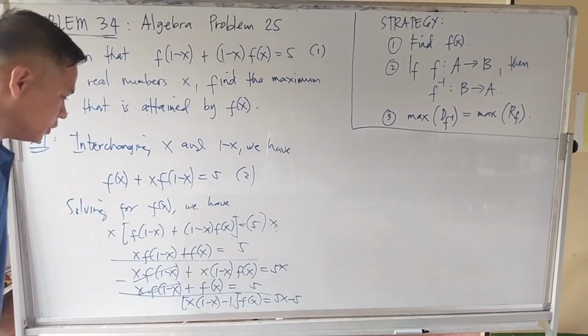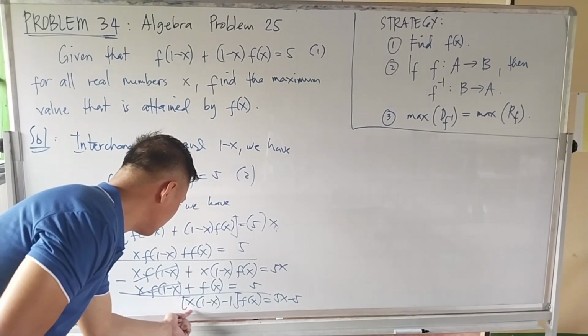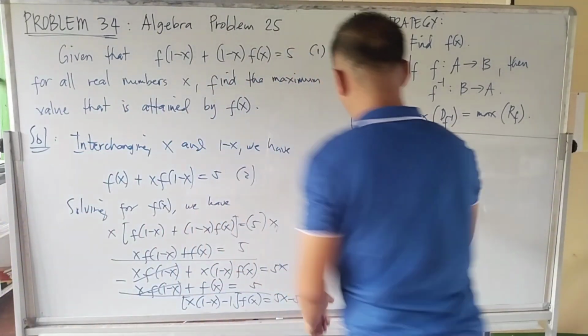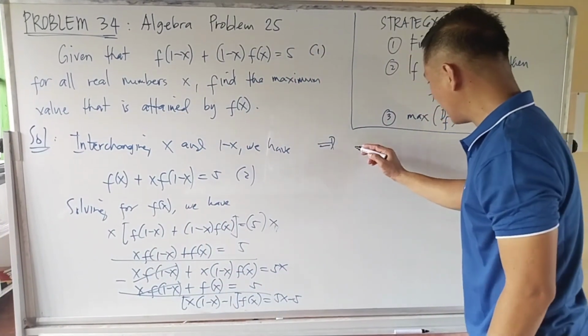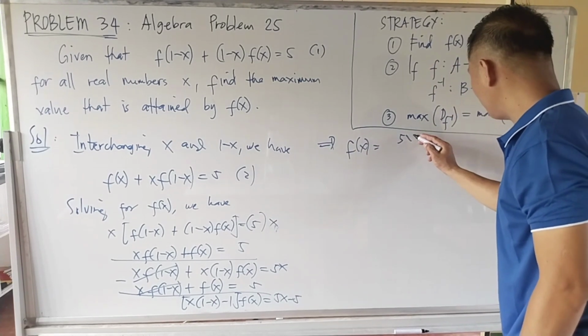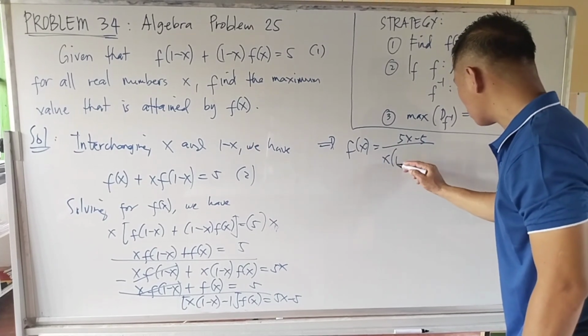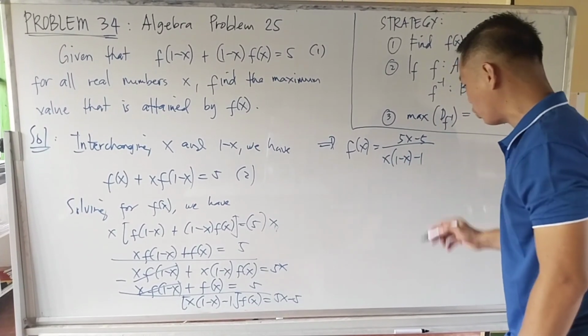Then we're going to divide both sides of this equation by this expression, so we have f of x is equal to 5x minus 5 divided by x times (1 minus x) minus 1.